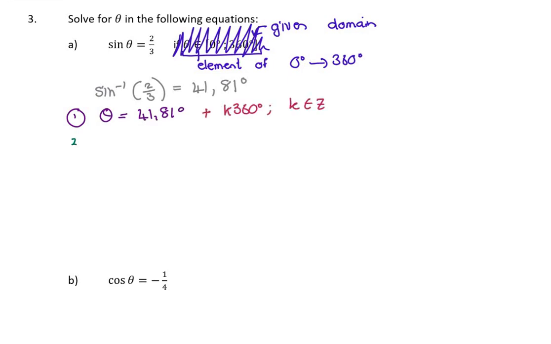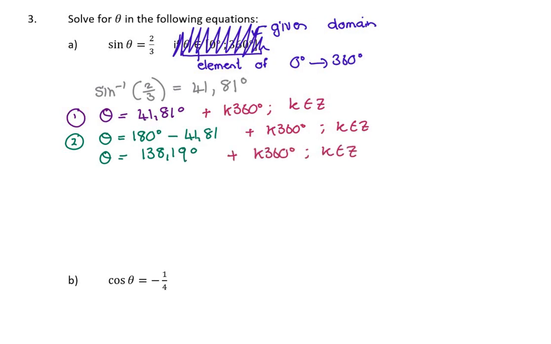And because this is a sine equation, what's my second solution? My second solution is 180 minus 41,81. So in this case, I'm going to get 138,19 degrees. Okay, don't forget that plus k360 all the time.